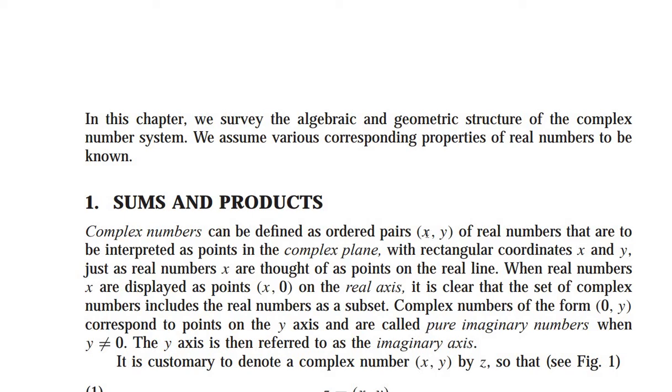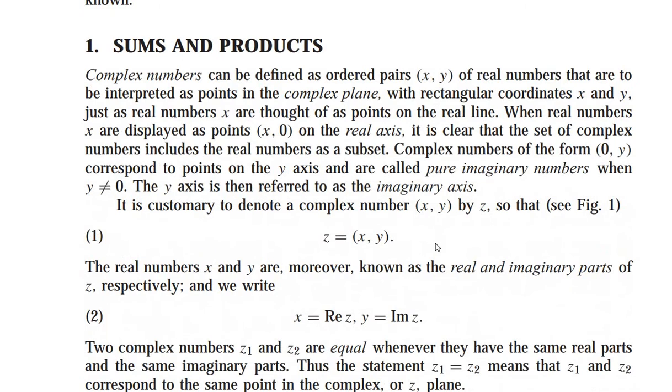So in each case we use the pair form of the complex number. We are talking now about this one: z equals (x, y), where x is the real part and y is the imaginary part.